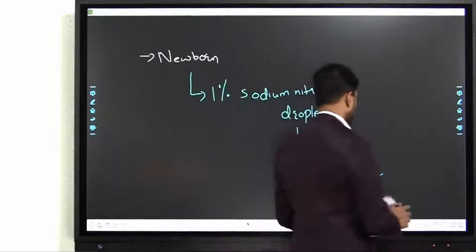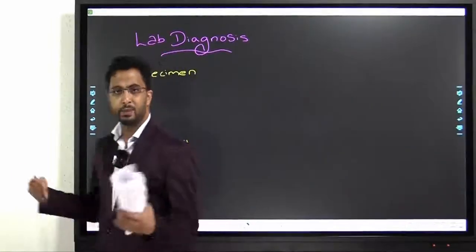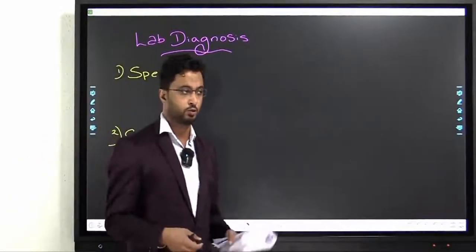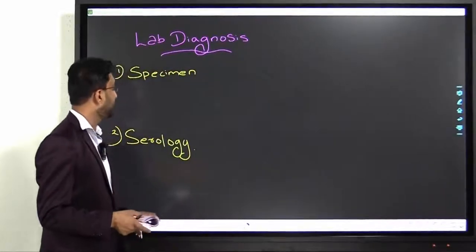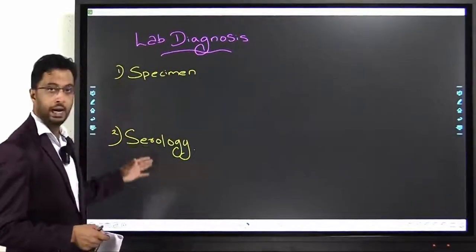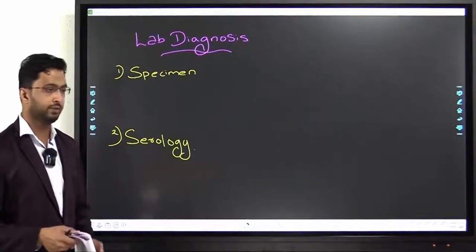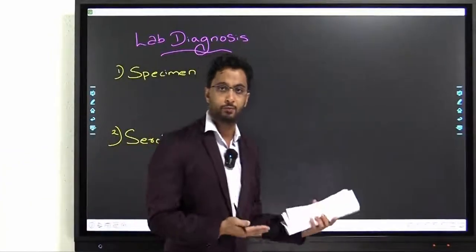Now let us go on to lab diagnosis. Like all lab diagnosis, this also has specimen collection, microscopy, culture, everything. But two things I want to specifically discuss here are specimen collection and serology, because these have been asked. Microscopy shows Gram-negative diplococci.